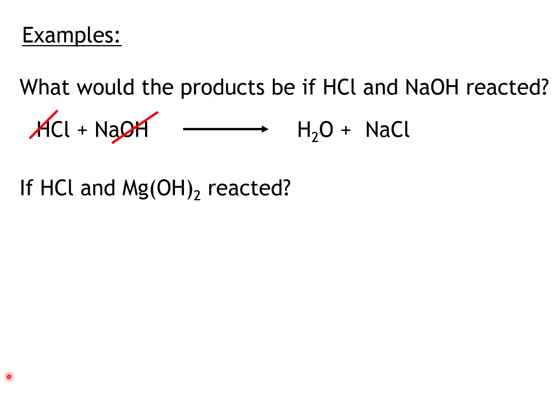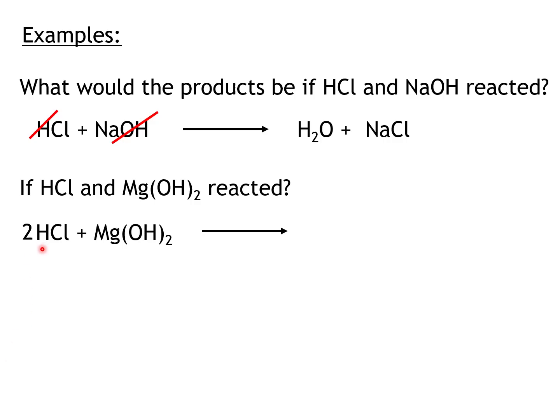Let's look at another example. If we had hydrochloric acid and magnesium hydroxide reacting. In this case, we have one acidic hydrogen and two hydroxides. So that means we have to have the same number of acidic hydrogens and hydroxides in order for this reaction to be balanced. So we're going to add a coefficient of 2 in front of the hydrochloric acid.